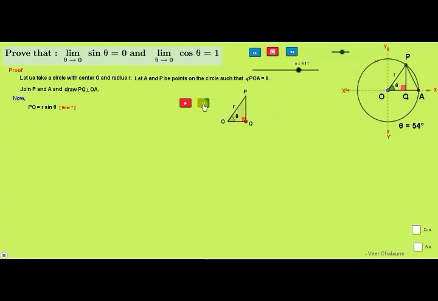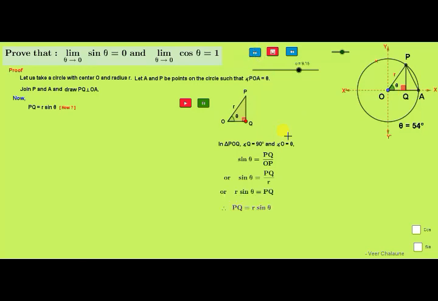This is the right angle triangle POQ. In this right angle triangle, the angle at O is theta. According to the sine function, sin theta equals PQ over OP, and we know that the value of OP is R, and OQ we need to calculate.